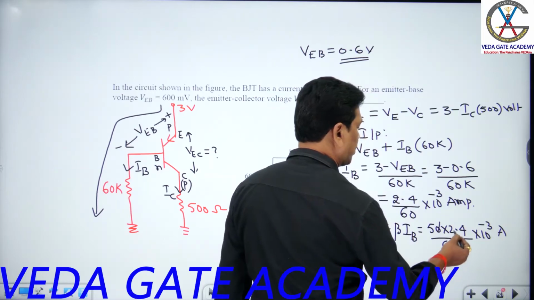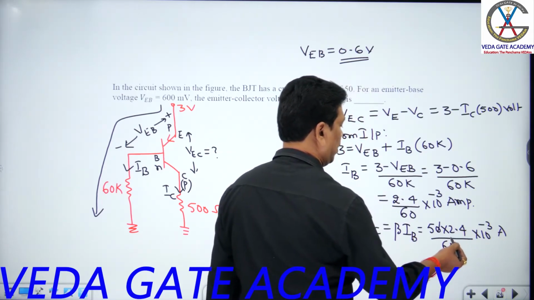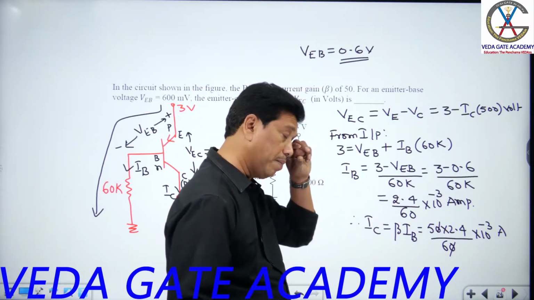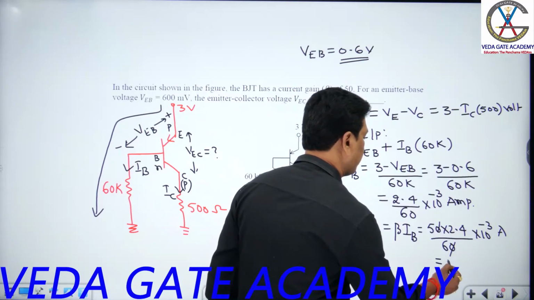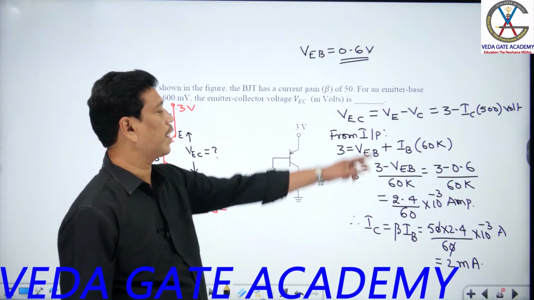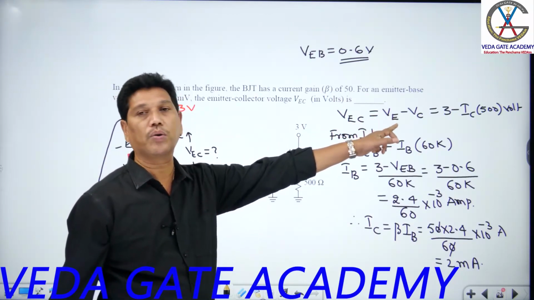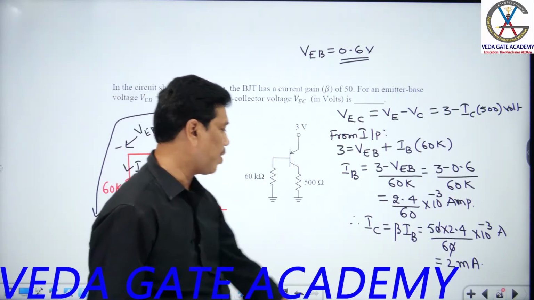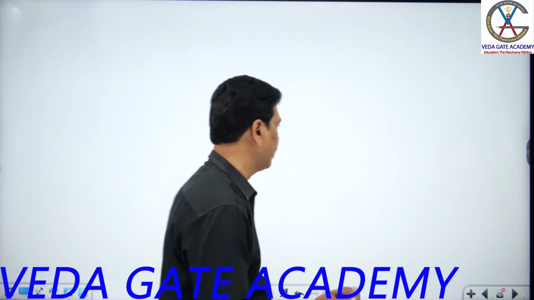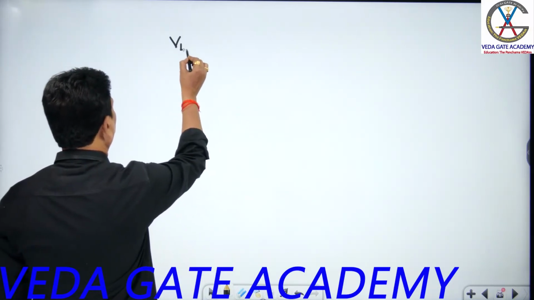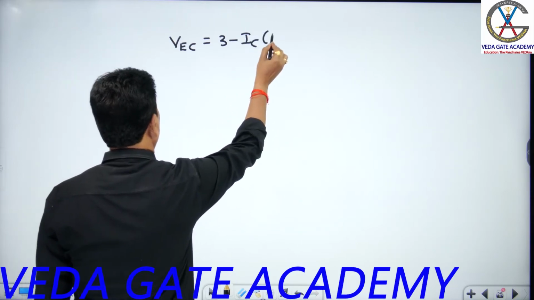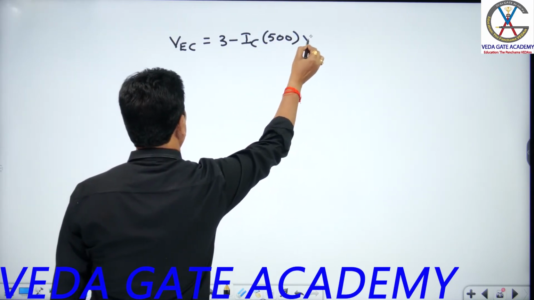So this comes to how much? 0.4, students. 0.4 into 5 becomes 2, so that becomes 2 milliampere. IC equals 2 milliampere. So now I have calculated IC, students, and substituting it I get VEC. VEC equals 3 minus IC into 500 volts.